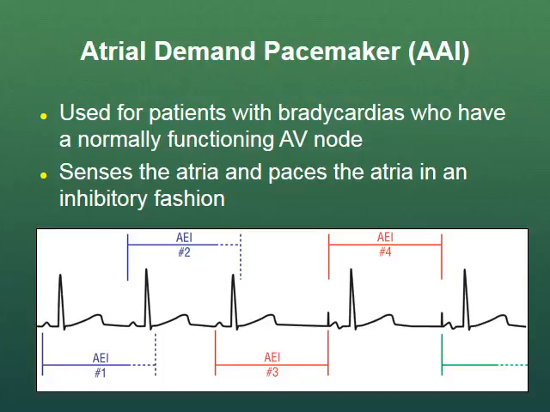Everything beyond the sinus node is still functioning, so it doesn't have to have a wire placed in the ventricle. So your QRS complex with these types of pacemakers is going to be what you would expect to see in a normal patient without a pacemaker.